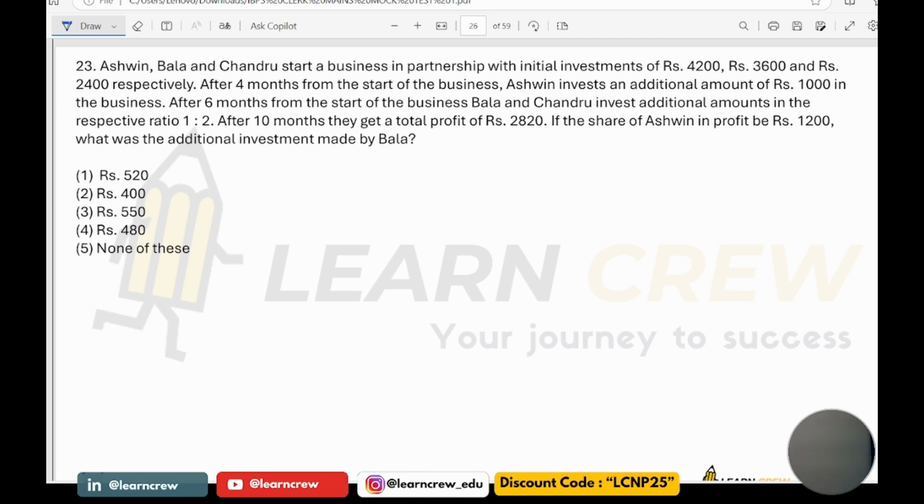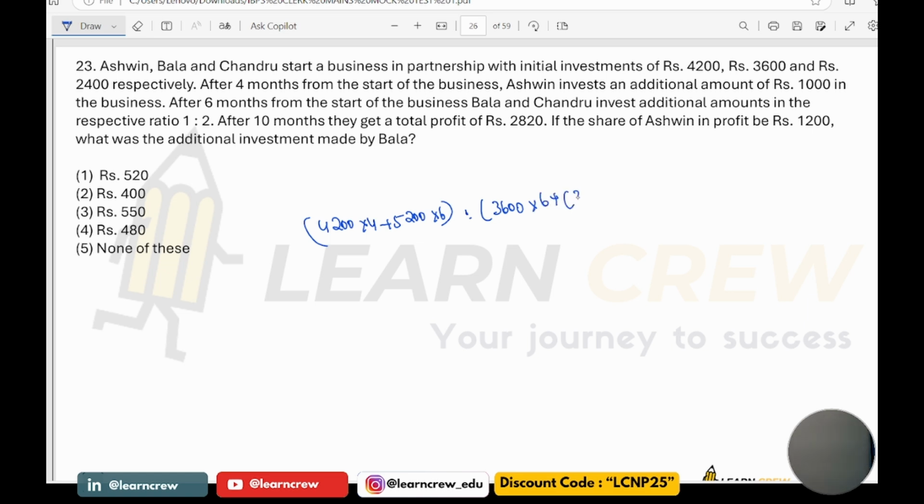So the additional investment of Bala, if it is X, Chandru's would be 2X. So Ashwin's profit, Bala's profit and Chandru's profit. Please see here, it is 4200 into 4 months, then 5200 for the remaining 6 months. Whereas Bala's 3600 for 6 months.